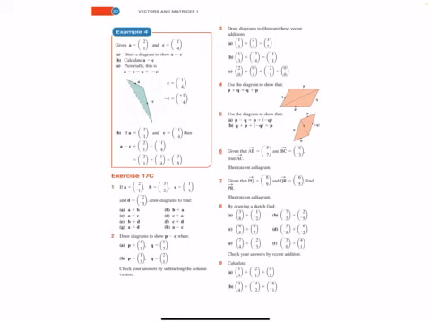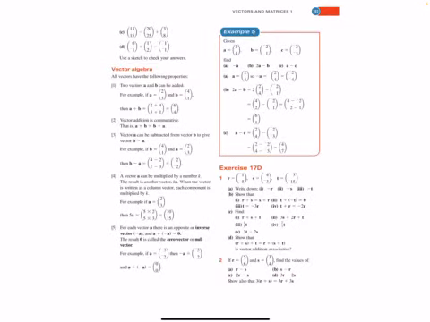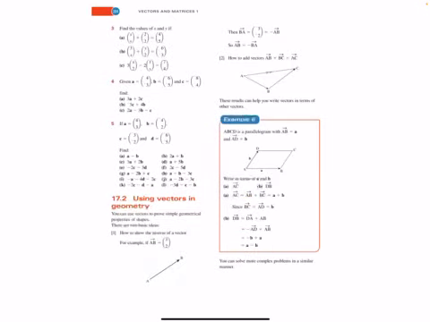Exercise 70C1, that's a good one. Page 394-5.